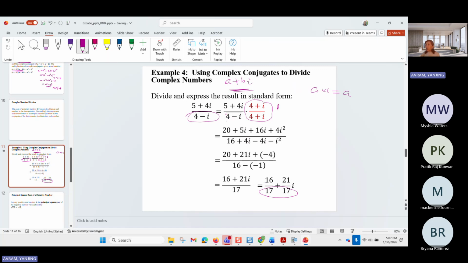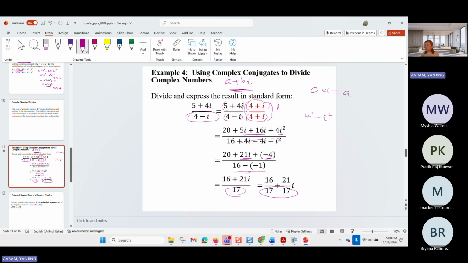And then we're going to have denominator times denominator, right? So we're going to have 4 squared minus i squared in here. These two cancel out, okay? And then that is negative 1. So the denominator becomes 17, right? For the numerator, we don't have a formula, so we have to do the FOIL, okay? Y times 4, y times i, 4i times 4, 4i times i. And then these two are like terms, you combine them together. You simplify i squared equal to negative 1.